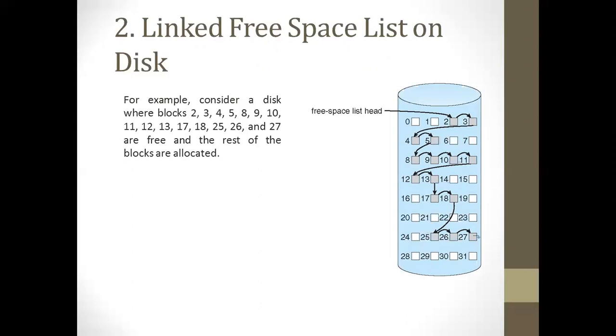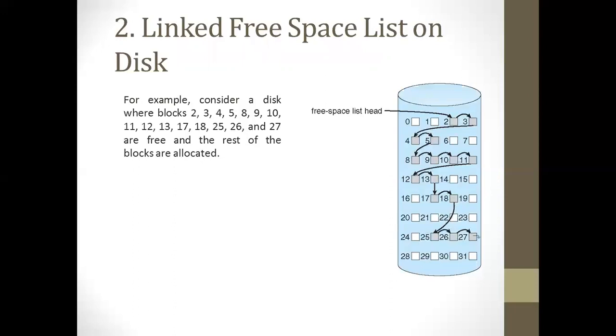Consider a disk where blocks 2, 3, 4, 5, 8, 9, 10, 11, 12, 13, 17, 18, 25, 26, and 27 are free and the rest of the blocks are allocated. Block 2 is the free space list head, so we would keep a pointer to block 2 as the first free block.